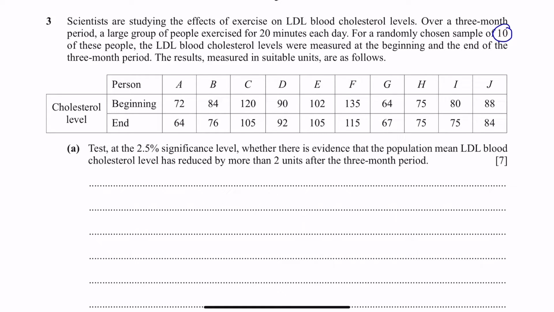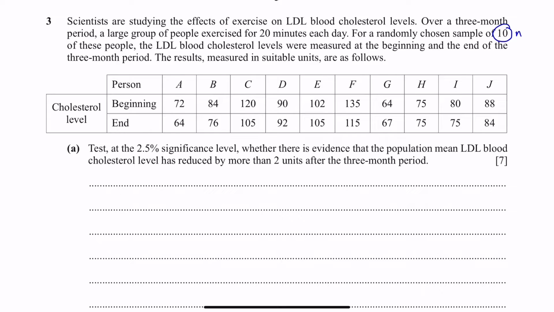So we have 10 as our number of samples, and as we can see, for the same person, let's say person A, they measure the cholesterol levels in the beginning and at the end. So we can know that these two sets of data are dependent on each other, because you cannot jumble up the data of two people and compare the cholesterol level, right?